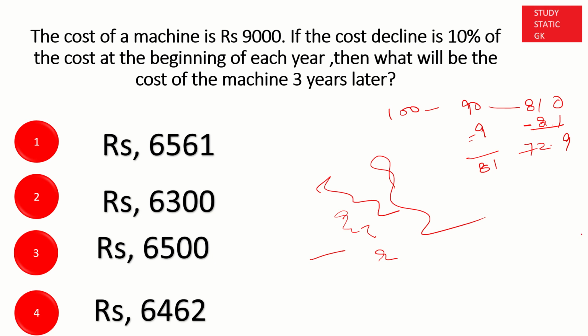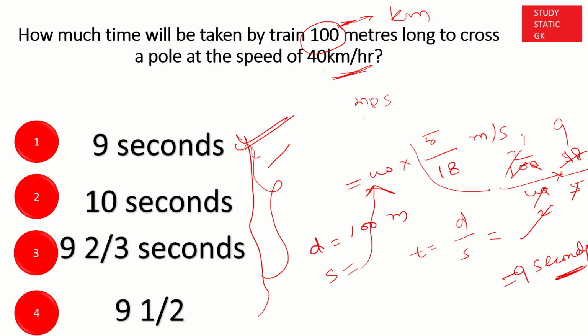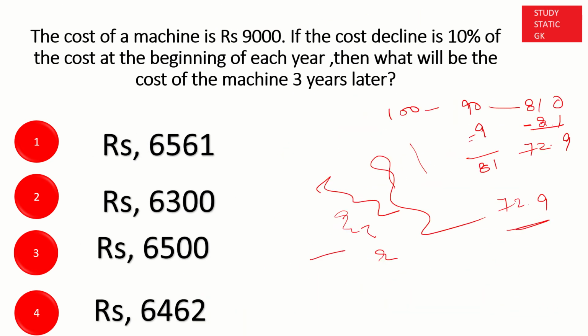So 100 becomes 72.9 at the end of the third year. Then here 9,000 becomes what? Again a simple equation, 9,000 into 72.9 by 100.